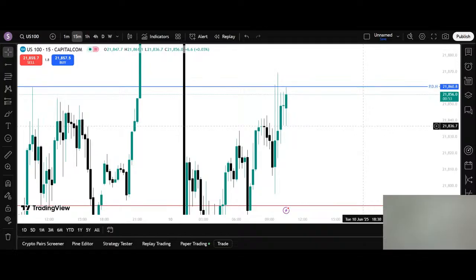Let's see, only 50 seconds left. Wow, seems to have a little bullish momentum.